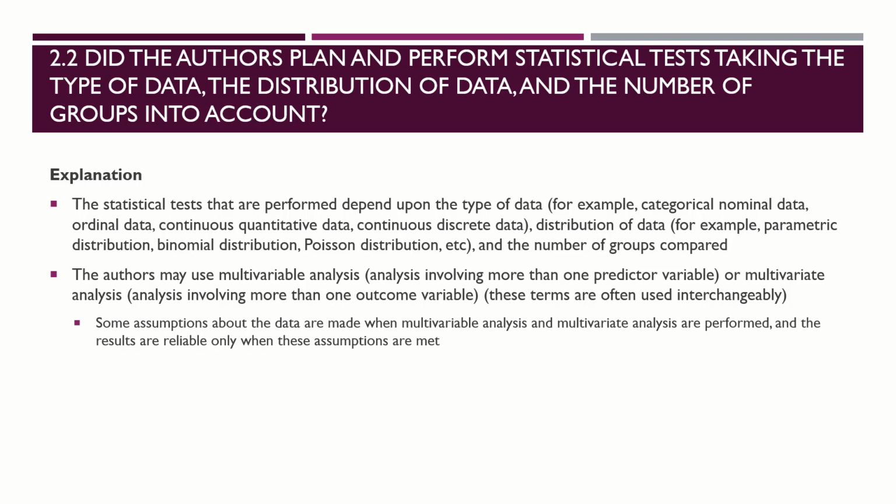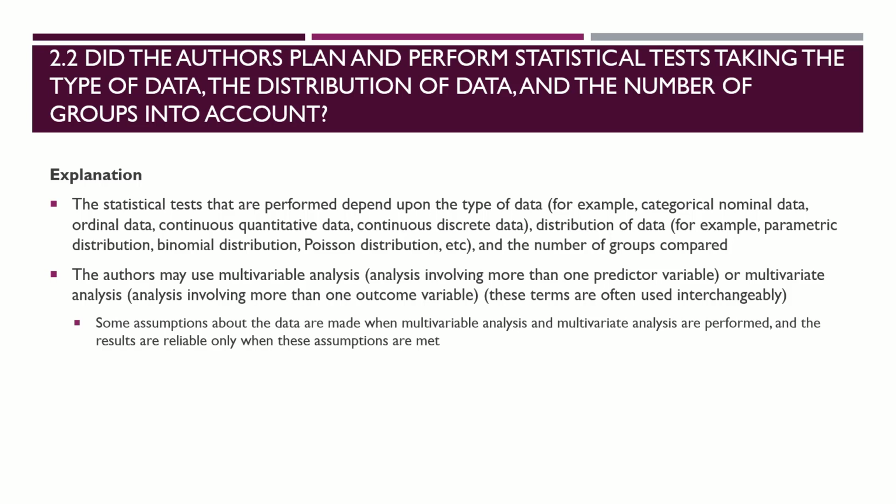The authors may use multivariable analysis. What is multivariable analysis? It is an analysis that involves more than one predictor variable. So in a univariate analysis, you are looking at whether there is a difference between the groups based on the intervention. But in a multivariable analysis, you are looking at more than one variable that can determine the outcomes.